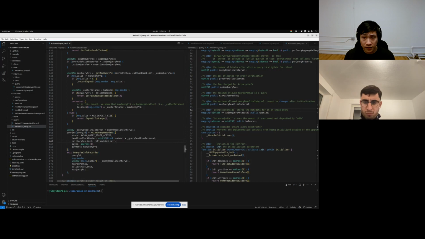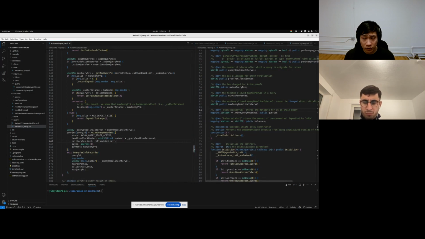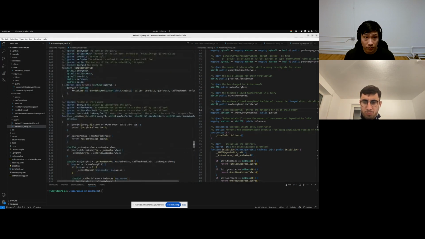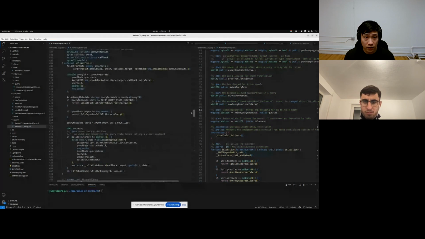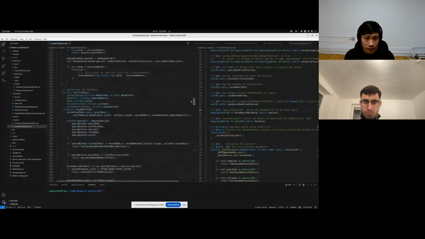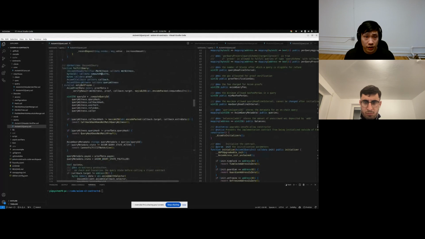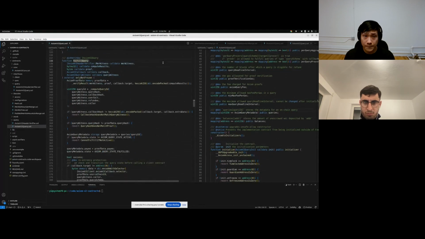So the second half of the protocol, which is important, is the ability to actually fulfill. So let's talk through how that works. So that goes through the fulfill query call. So you can see in the arguments that it divides into essentially two pieces.